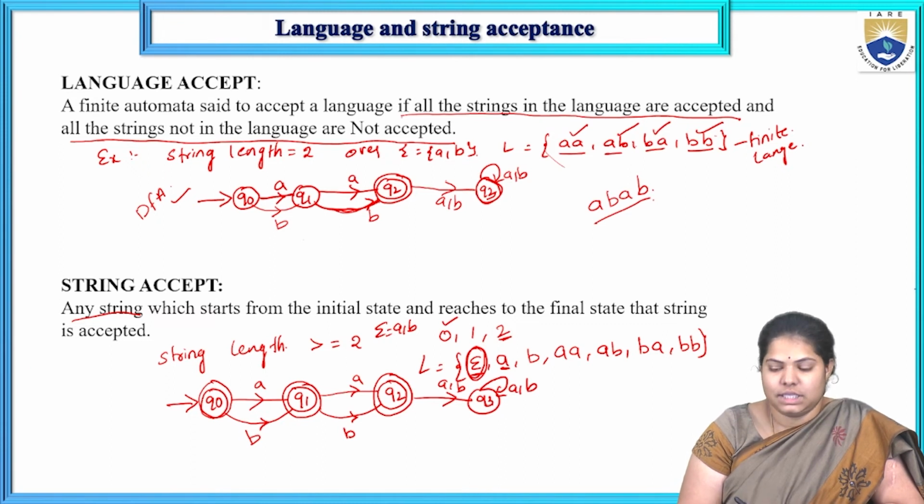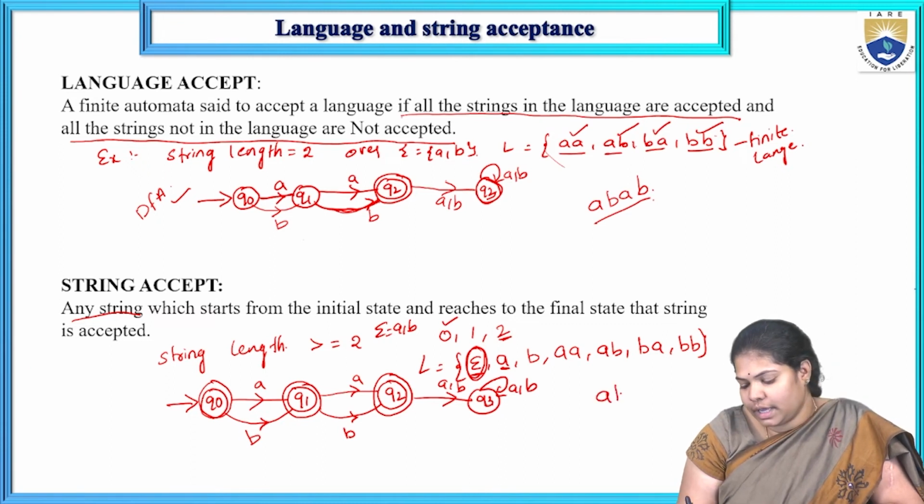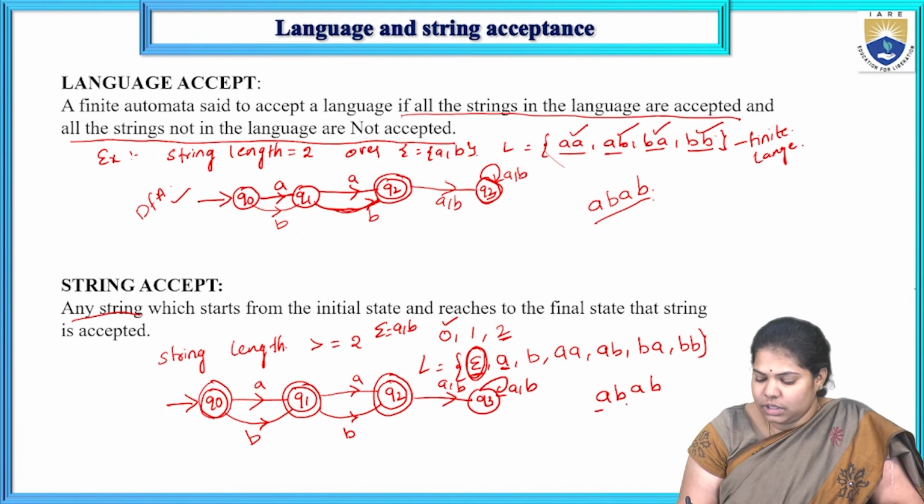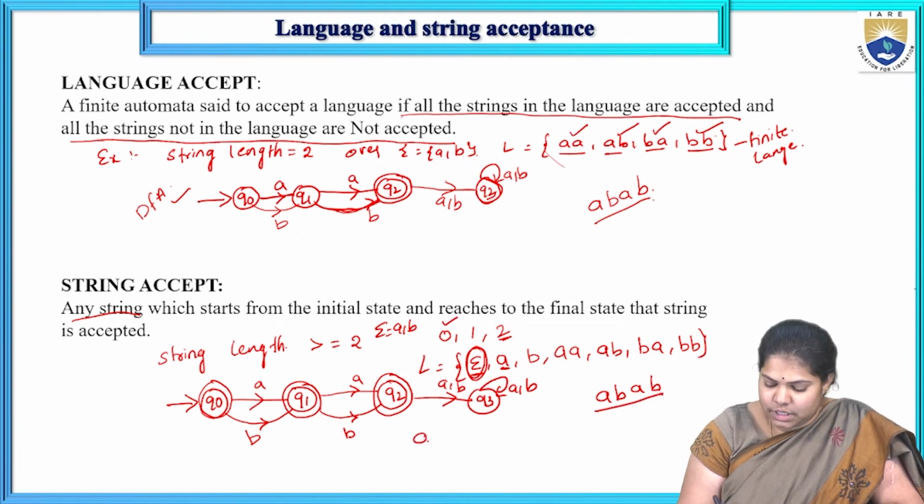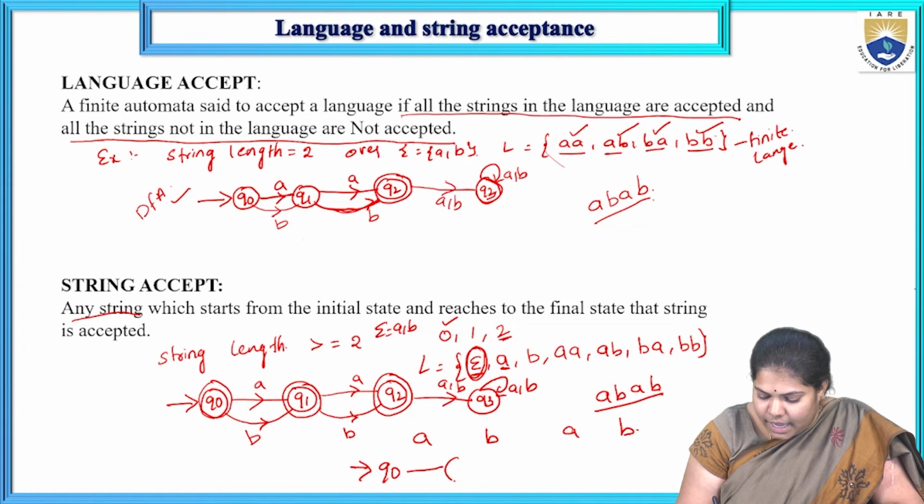Okay, for this, if I take any string called AB, how will this DFA get executed? I start with Q naught. On seeing A, I reach the state Q1. On seeing B, I reach a state called Q2.